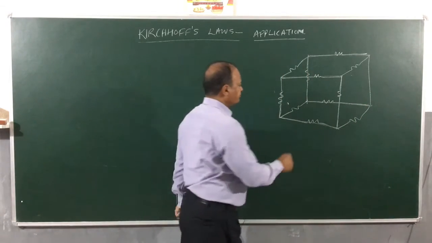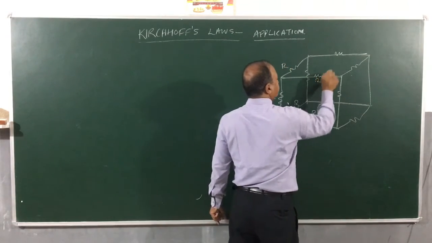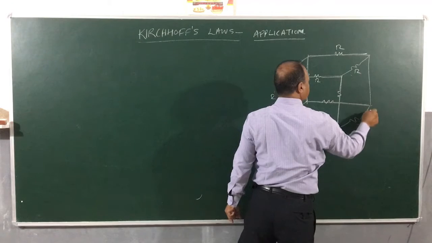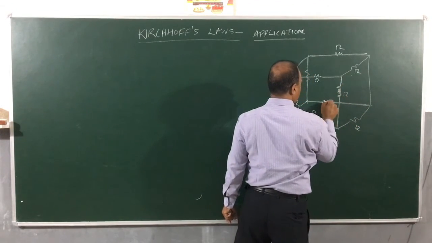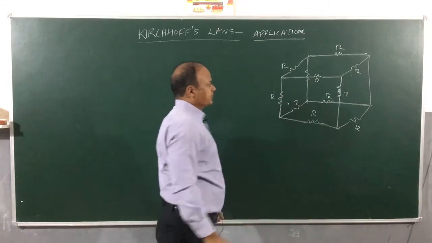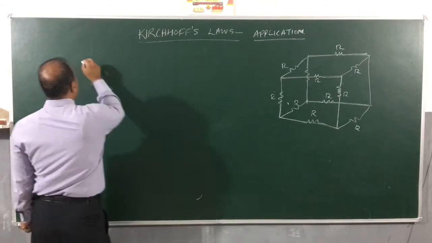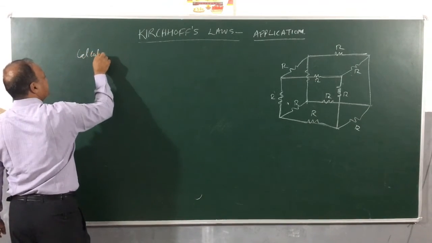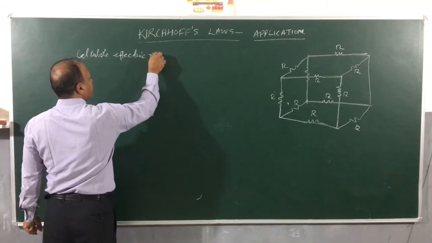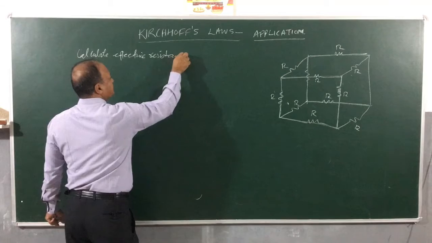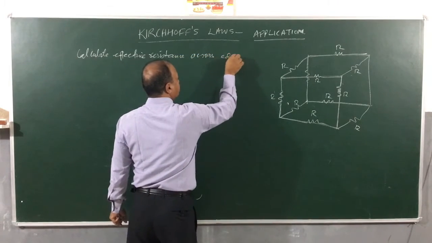This is the problem. Each resistance is R. This is also R, this is also R. And we will calculate effective resistance across the edge of the cube.